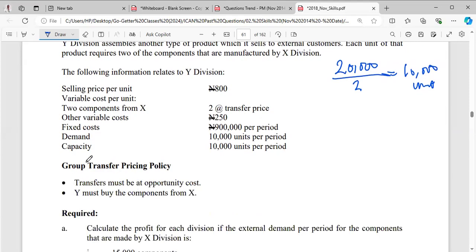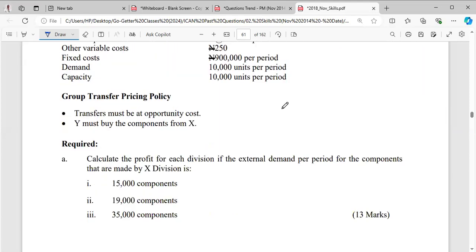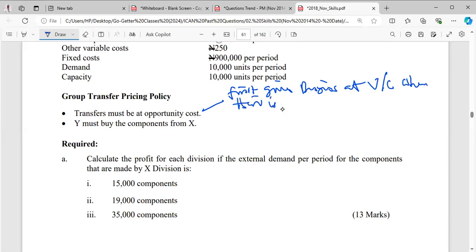Now, look at the group policy. Transfer must be at opportunity cost. What is opportunity cost? It means first, give the buying division at variable cost when there is no conflict with the market.